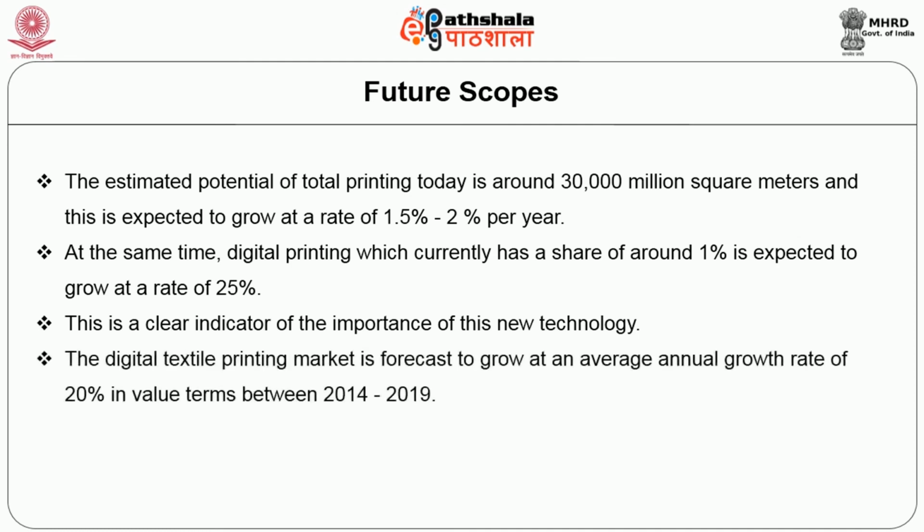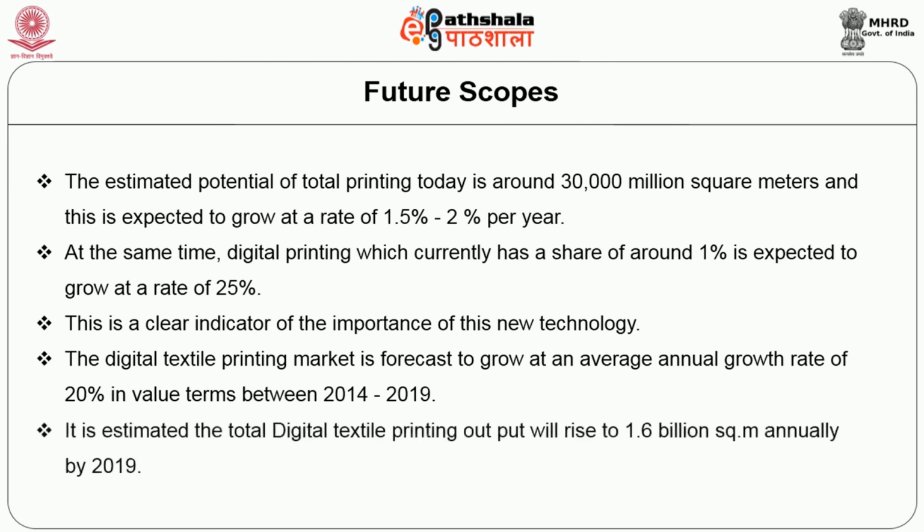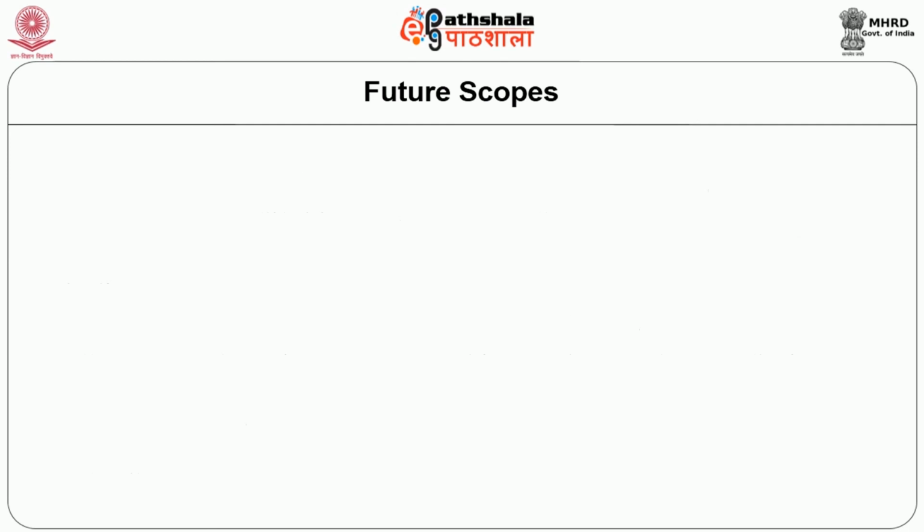The digital textile printing market is forecast to grow at an average annual growth rate of 20% in value terms between 2014 to 2019. It's estimated the total digital textile printing output will rise to 1.6 billion square meters annually by 2019.